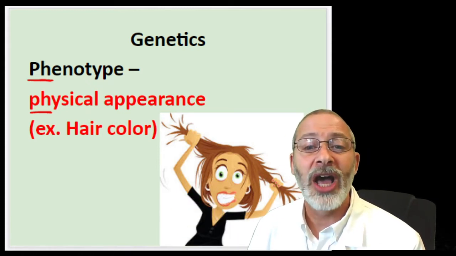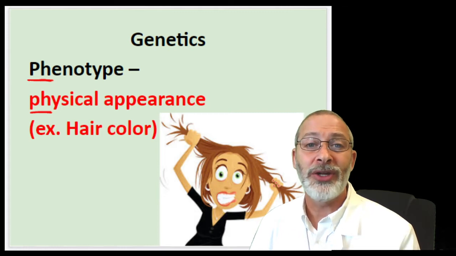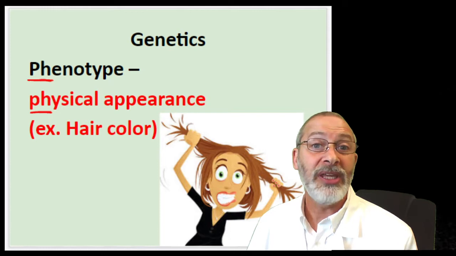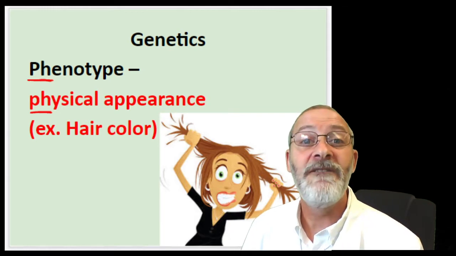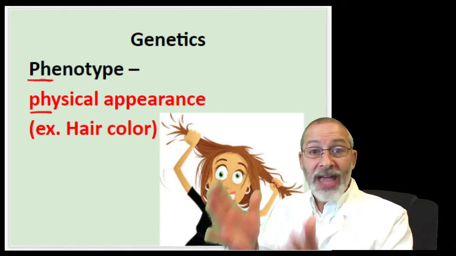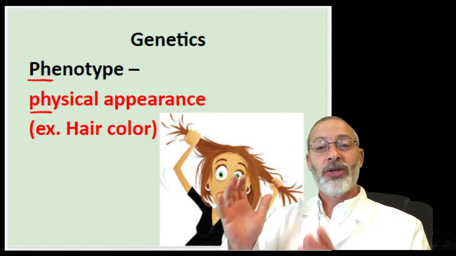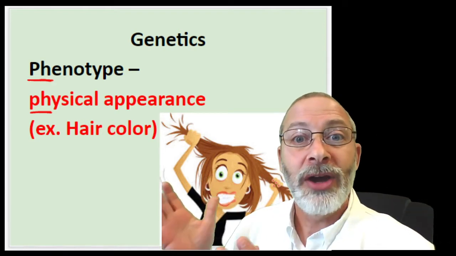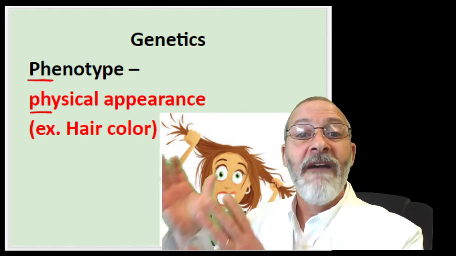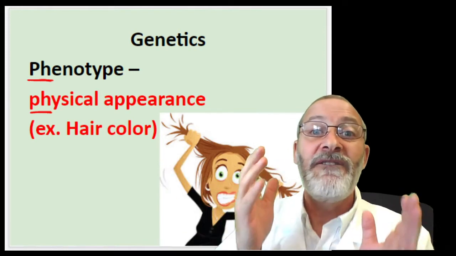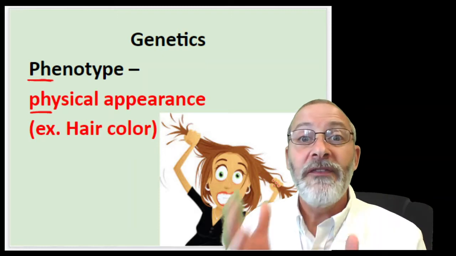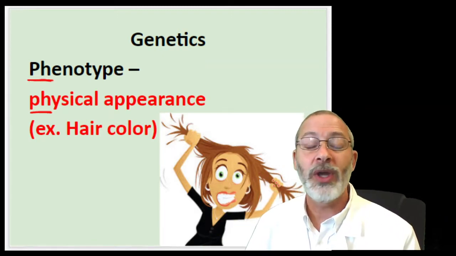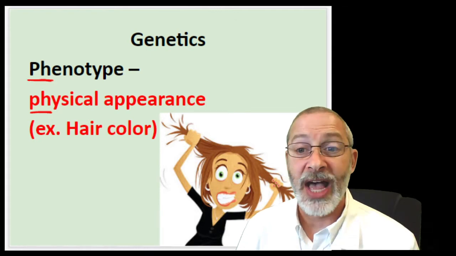Notice how I've underlined the PH in phenotype. I'd like you to do that yourself in your notes. Notice the PH is underlined in physical appearance. Do that yourself in your notes, because the way I remember it is I think of how they are spelled and pronounced. Phenotype, physical phenotype. The phenotype is the physical appearance. It's what you see on the outside.